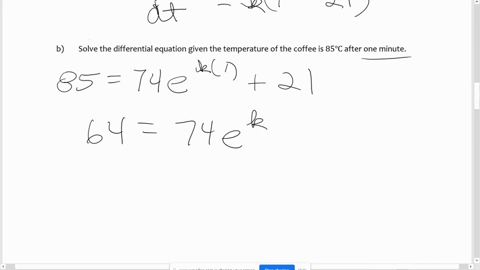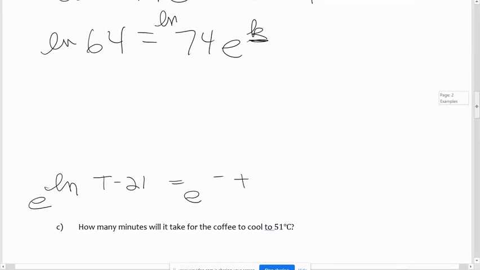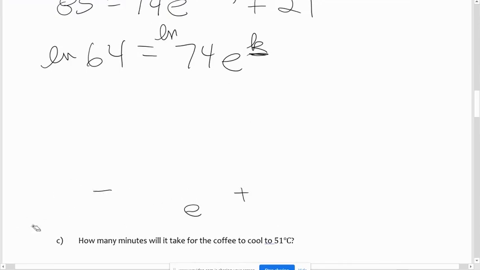I want to solve this for k, so we want to get that k out of the exponent. So we're going to take the natural log of both sides. I could kick the 74 over by dividing both sides by 74, and it's probably going to be the same amount of work either way, but you can do it now or do it later.